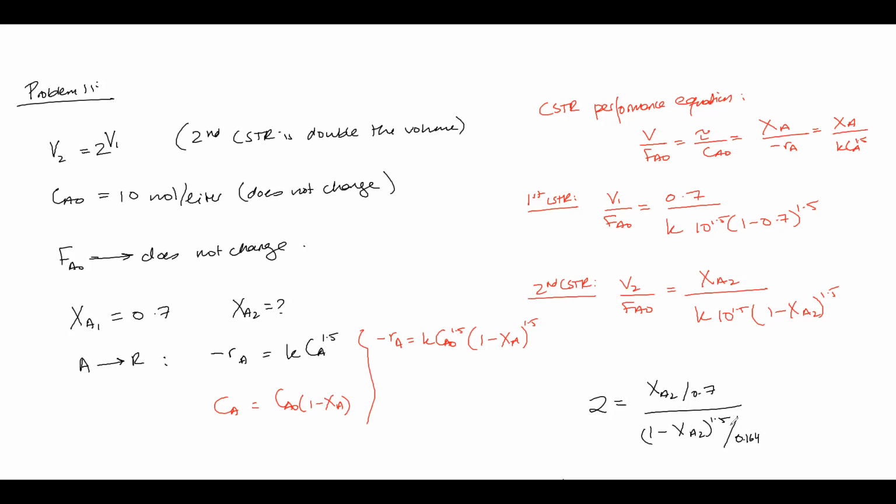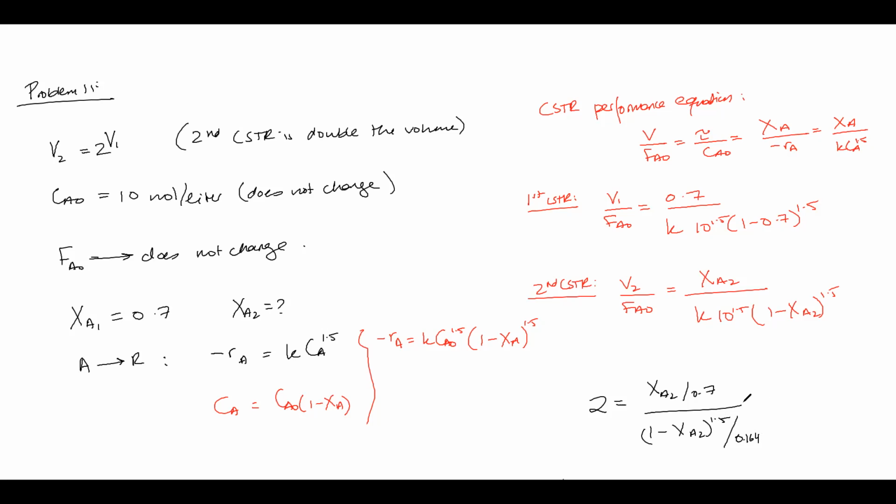And so, 2 multiplied by 0.7, sorry, divided by 0.3 to the power 1.5, is equal to 8.5, right?